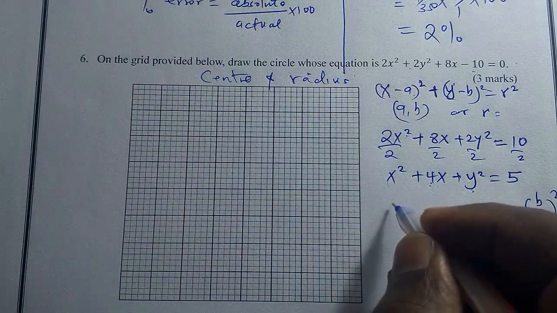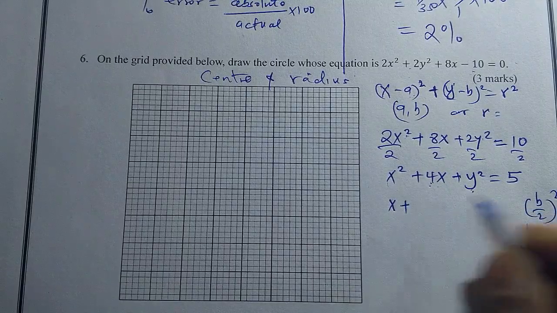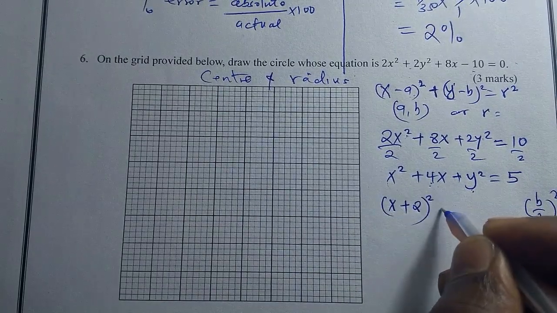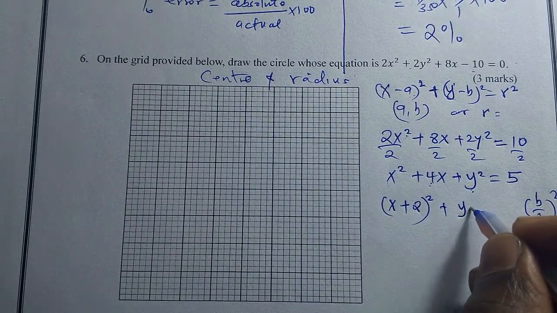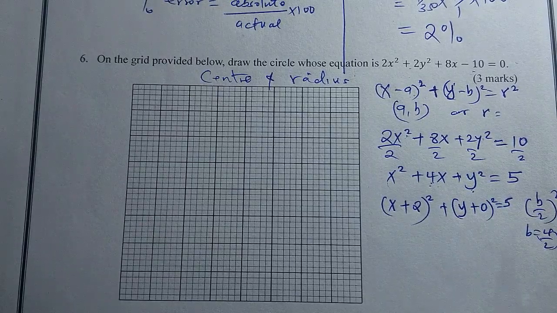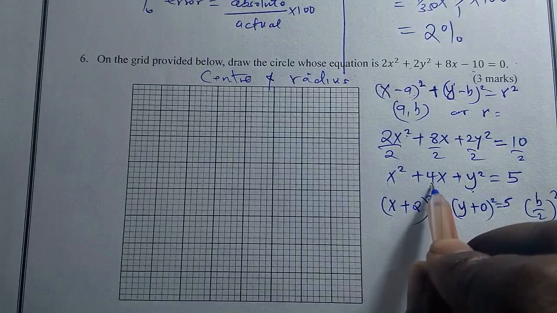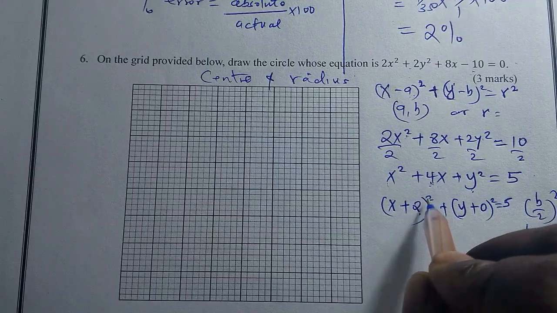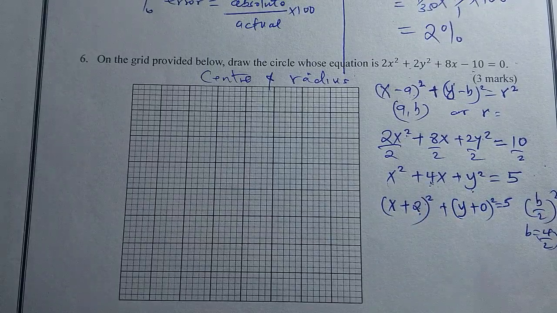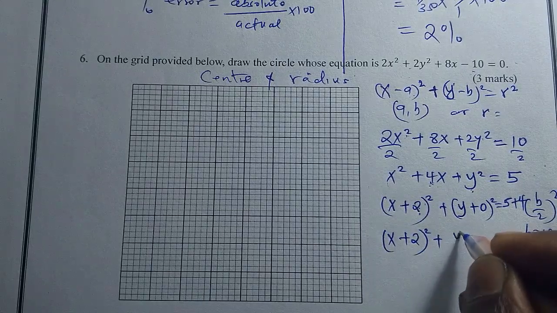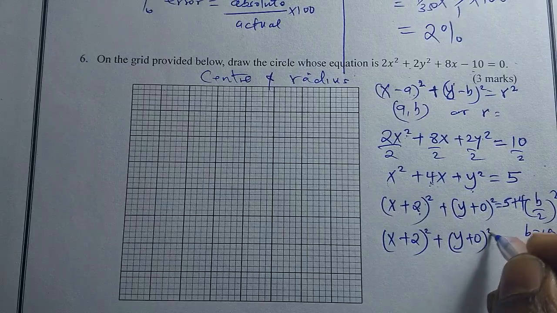So we are going to have (x + 2)² + (y + 0)² equal to 5. But remember, what we have done here, you need to add on the other side. So 2² is supposed to be added on the other side, which is 4. So (x + 2)² + (y + 0)² is equal to 9.